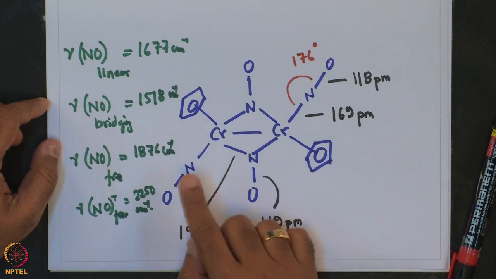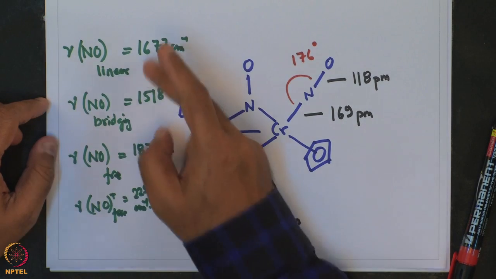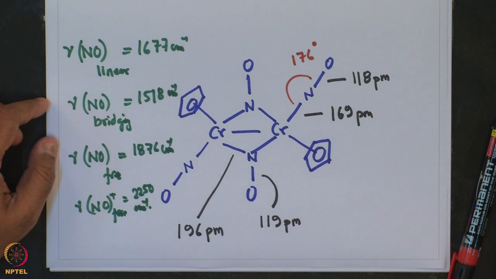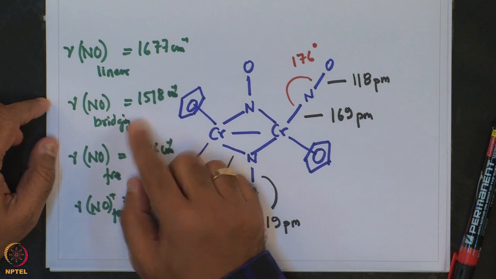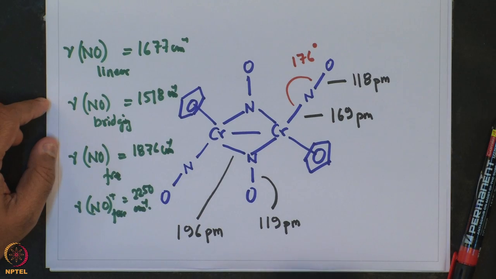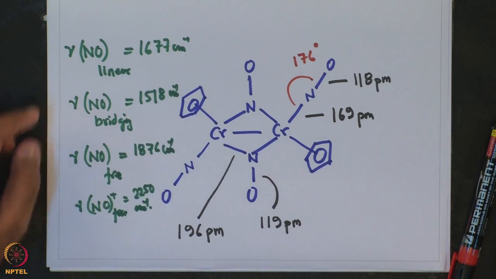There are only two types, one is bridging and the other linear, and they can be characterized by different frequencies. For example, the bridging NOs appear at a lower wave number than the terminal NOs. Now, we will take a look at a few such examples which will clarify the point.